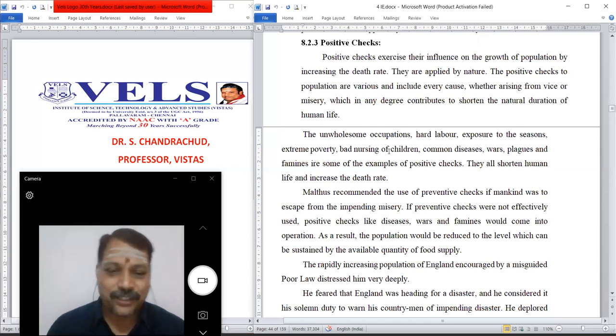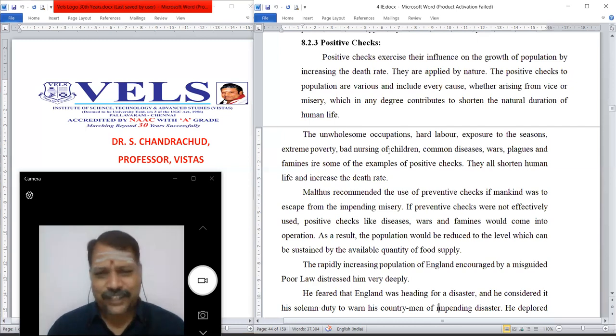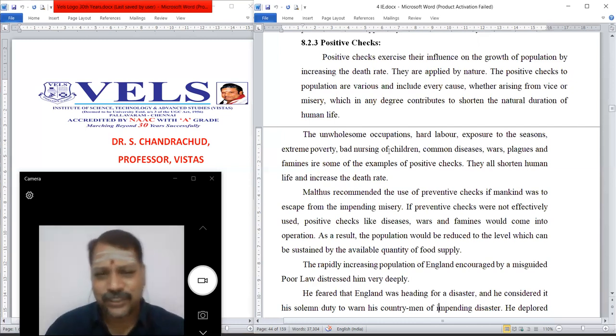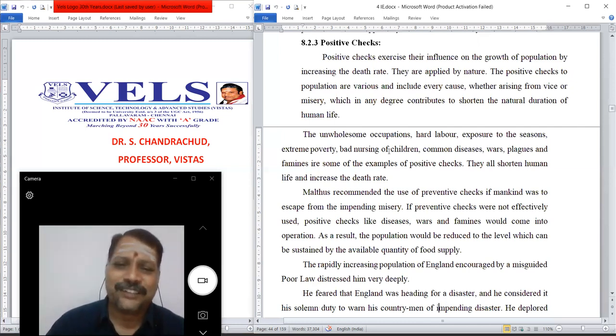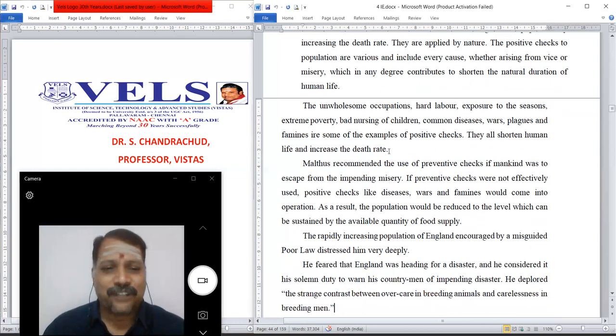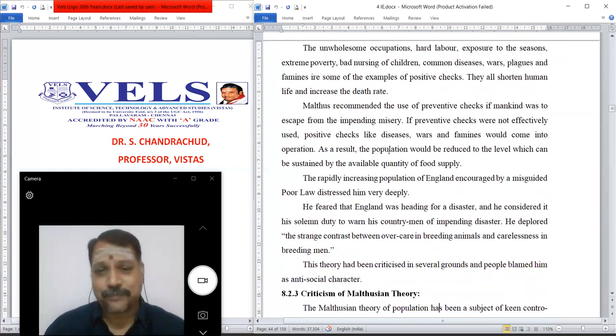Malthus recommended the use of preventive checks if mankind was to escape the impending misery. If the preventive checks were not effectively used, then positive checks like disease, war, and famine would come into operation. As a result, the population would be reduced to the level which can be sustained by the available quantity of food supply.